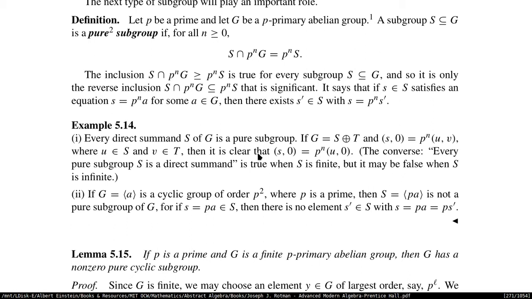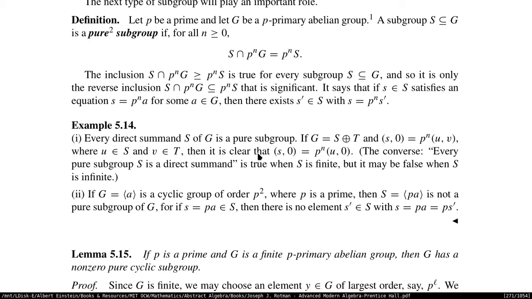Okay. So that's the case for the pure subgroup. He gives an example. Rotman's examples are just extensions of definitions, as I would say. So every direct summand of an abelian group is a pure subgroup, right?